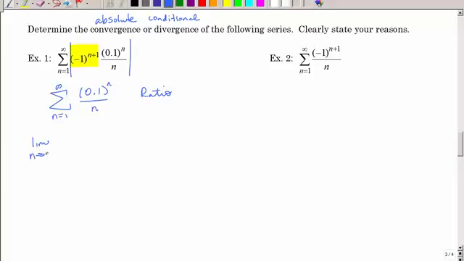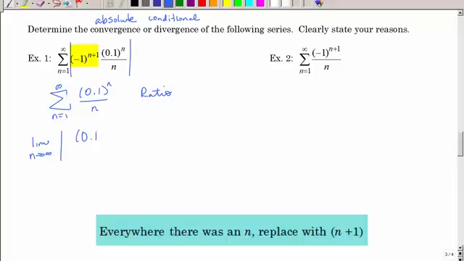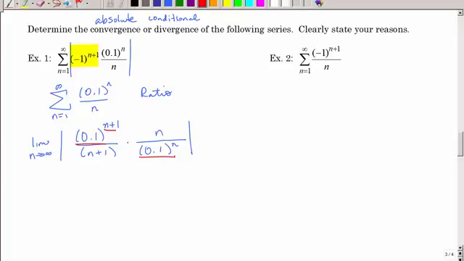So the limit as n approaches infinity. And remember the ratio test, everywhere I have an n, I'm going to replace that with n plus 1. And then I'm going to multiply by the reciprocal of the original, because that's the same as dividing. And then look at that limit. You really need to know your exponent properties. Keep the base, subtract the exponents. So that's just going to leave that to the first power. So I have 0.1, and now I have to take the limit of n over n plus 1.